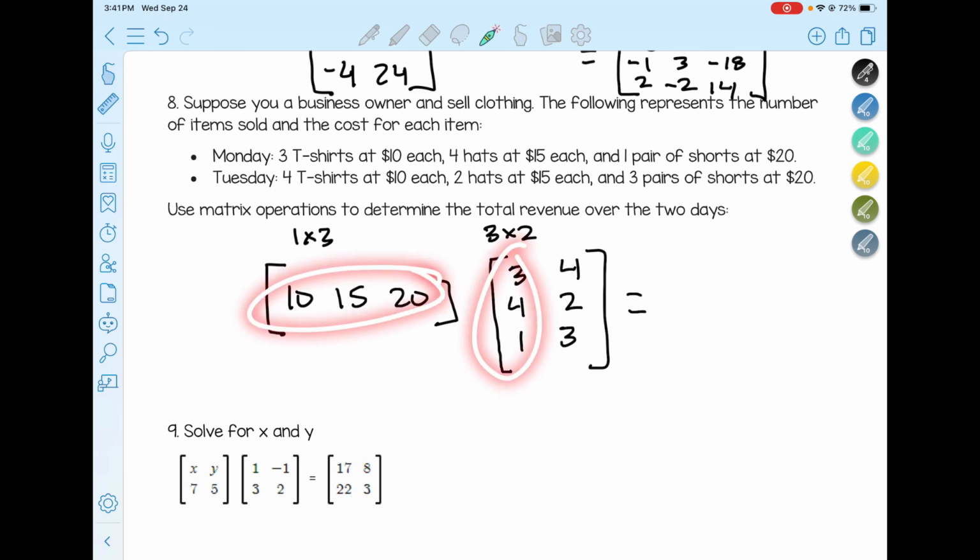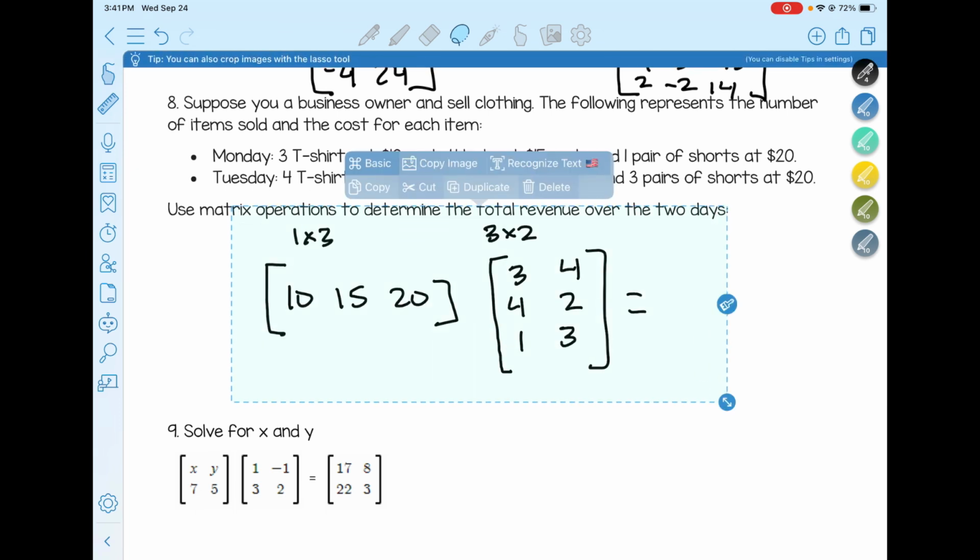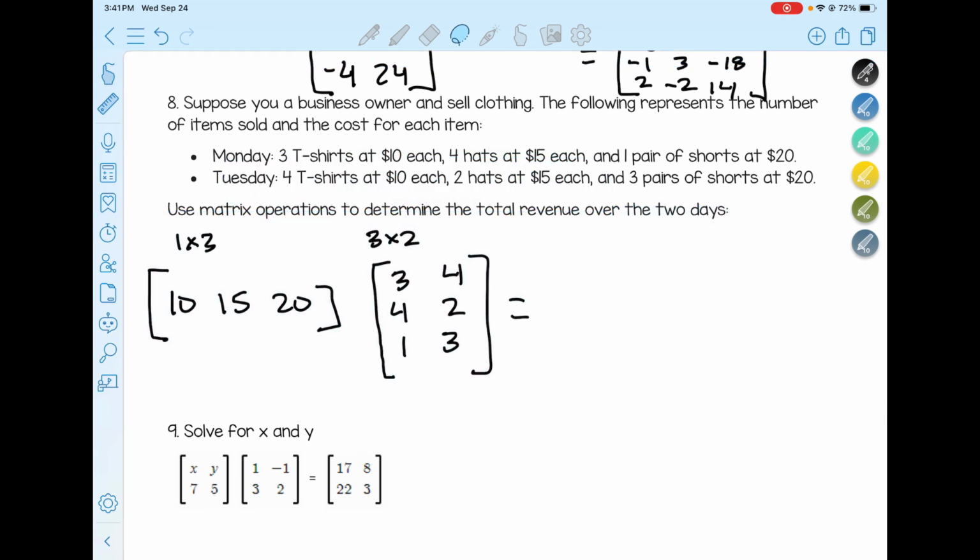Remember, we go row times column. So when I'm looking at this, I'm going to shift all this over so I've got room. I'm going to go ahead and go 10 times 3, which is 30, 15 times 4, which is 60, and 20 times 1, which is 20.